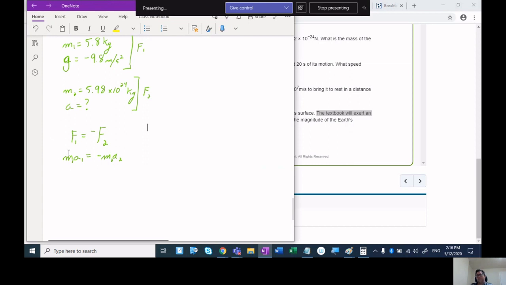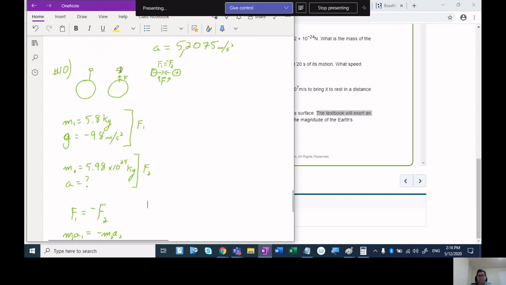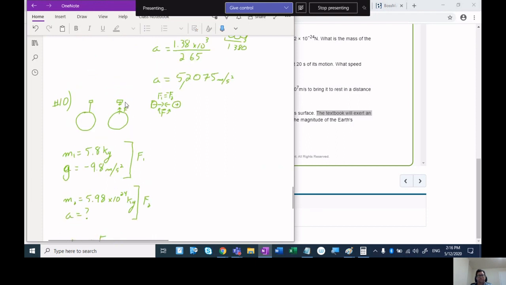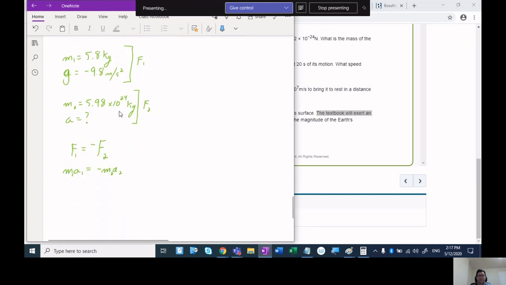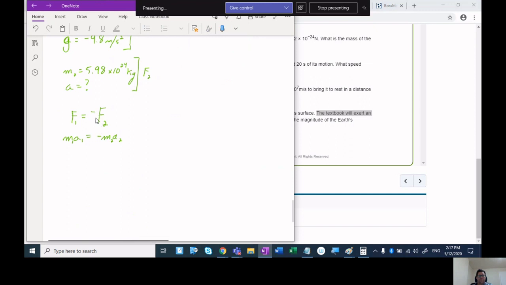Okay, so this is not a new formula. This is simply a concept. The force exerted by the Earth on the book, F1, is equal to the force exerted by the book on the Earth, F2, but in the opposite direction. So the minus will be helping here.